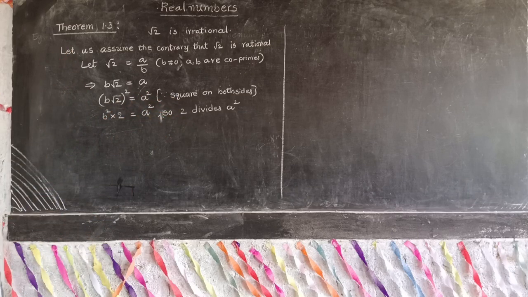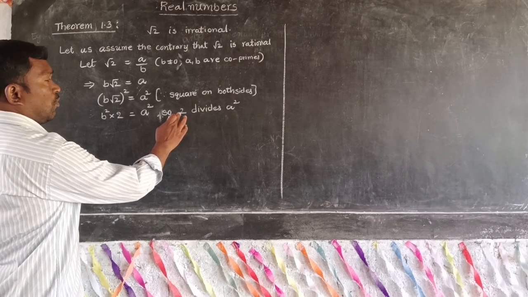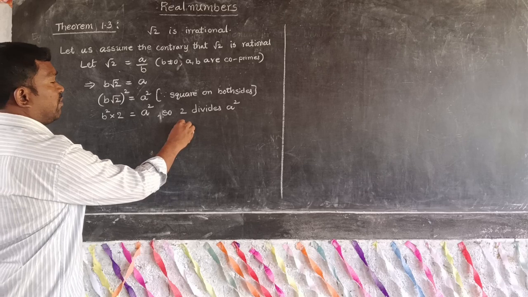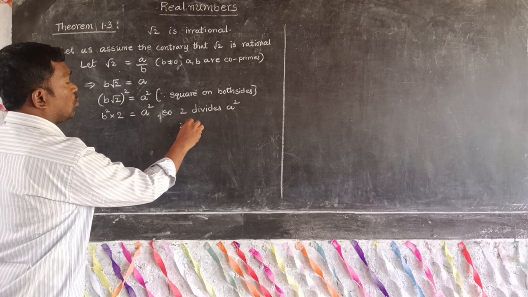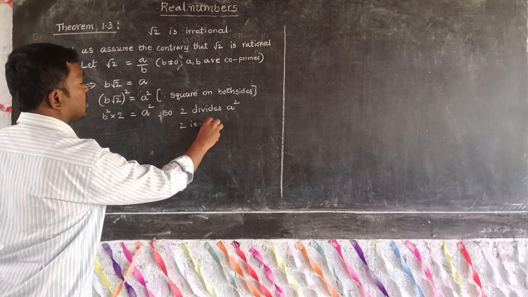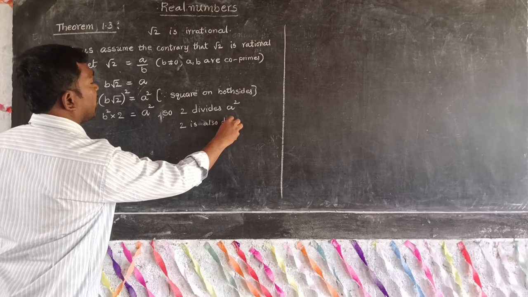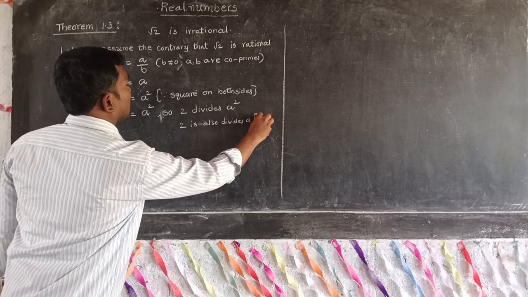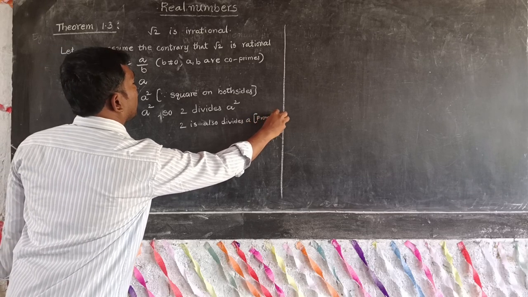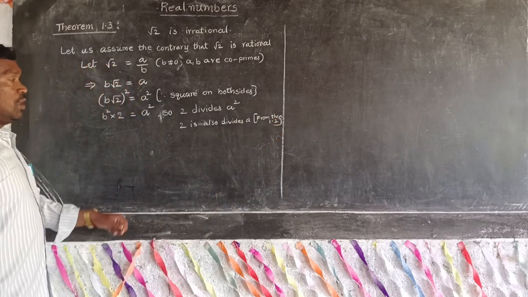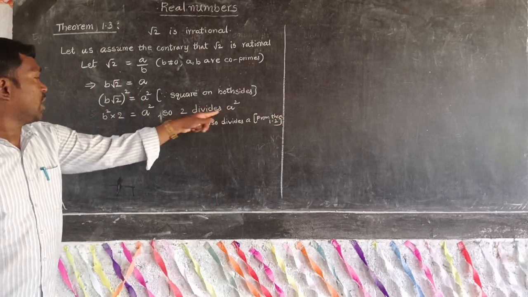Already theorem 1.2: if a number divides a square, the same number divides a. So 2 divides a square.